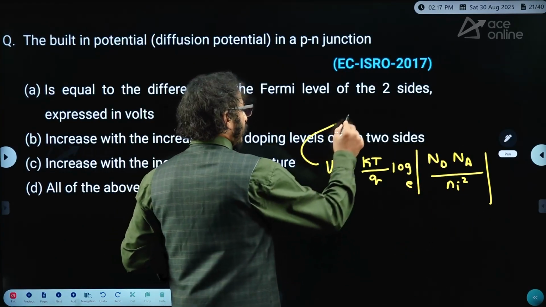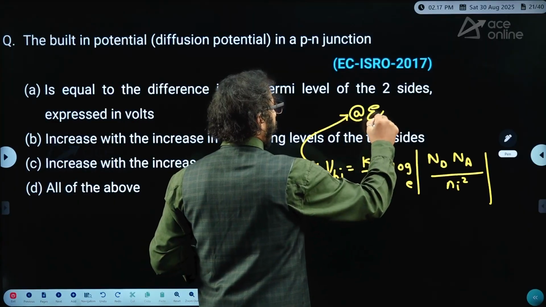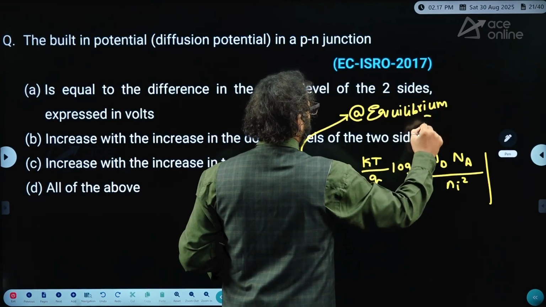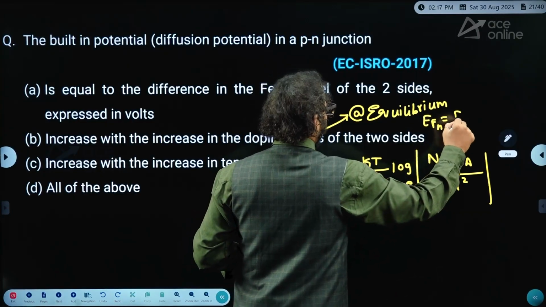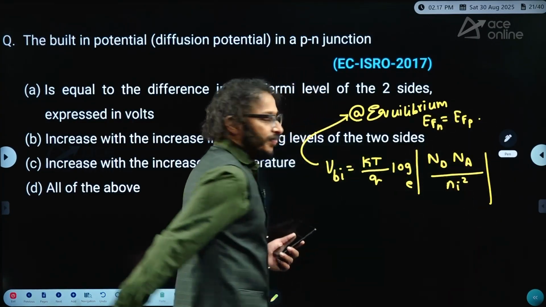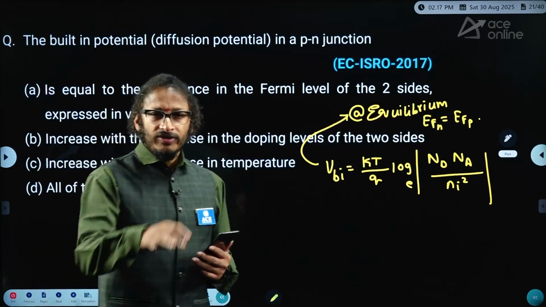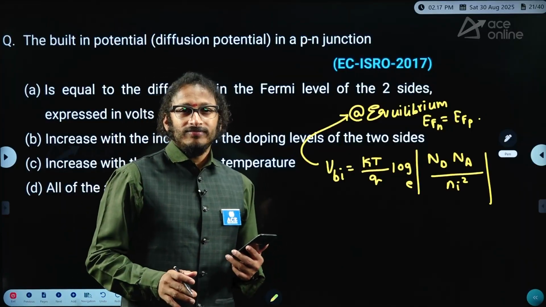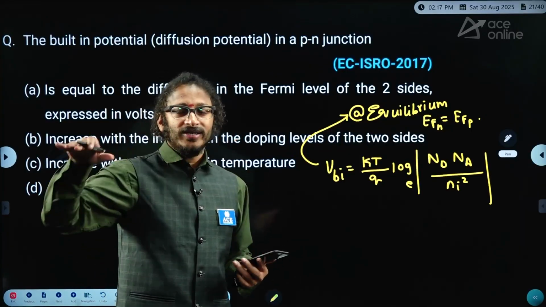This can be calculated at equilibrium. Whenever I say equilibrium, the Fermi level EFN is always equal to EFP, because the Fermi level will have no slope; at equilibrium it must be a straight line.